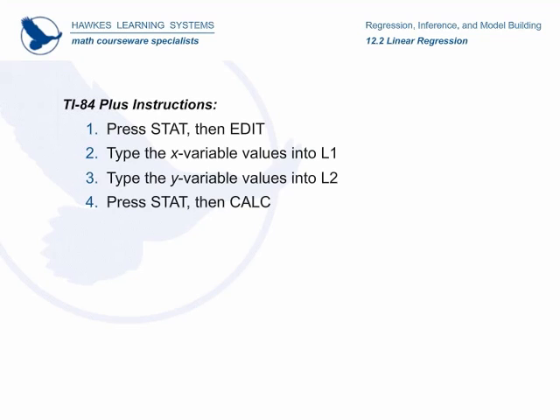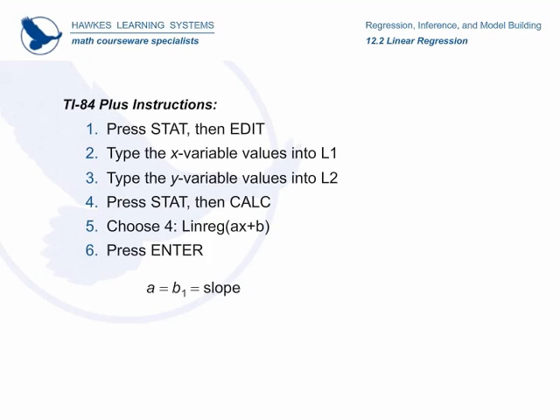Then we press the Stat key, then over to Calc. Then we choose 4, which is linear regression, ax plus b, and then we press Enter. And then we know a equals b sub 1, which is the slope, and b equals b sub 0, which is our y-intercept.